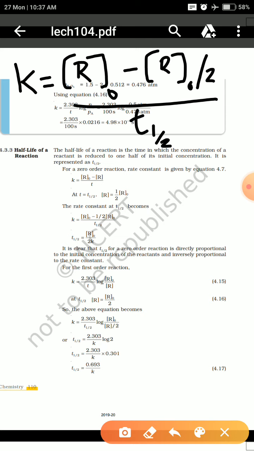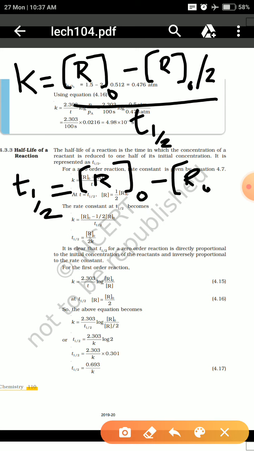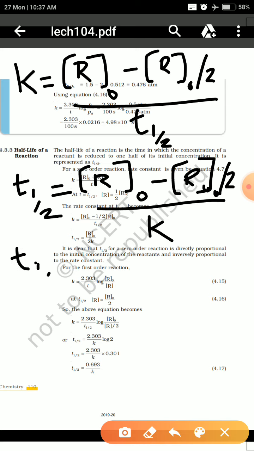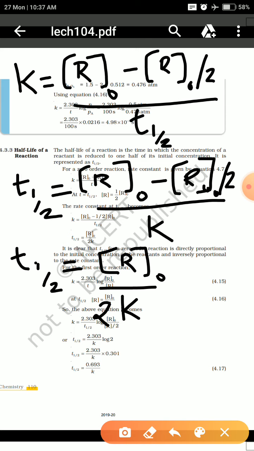We put T half on the left side, so we get T half equals R0 minus R0 by 2, divided by K. R0 minus R0 by 2 means 1 minus half. What is 1 minus half? Half. So we can write T half equals R0 by 2K. Half of R0 means R0 by 2K.